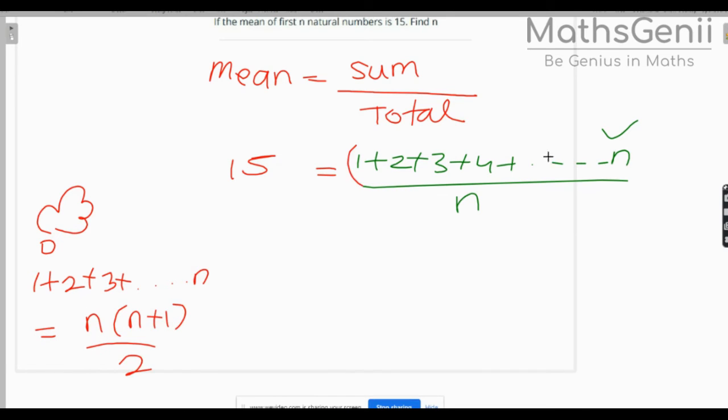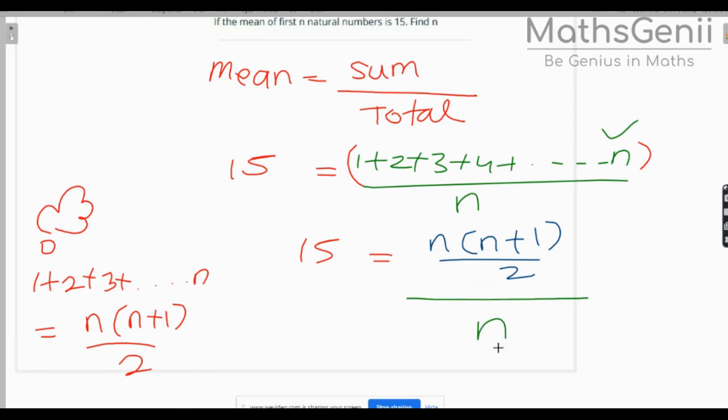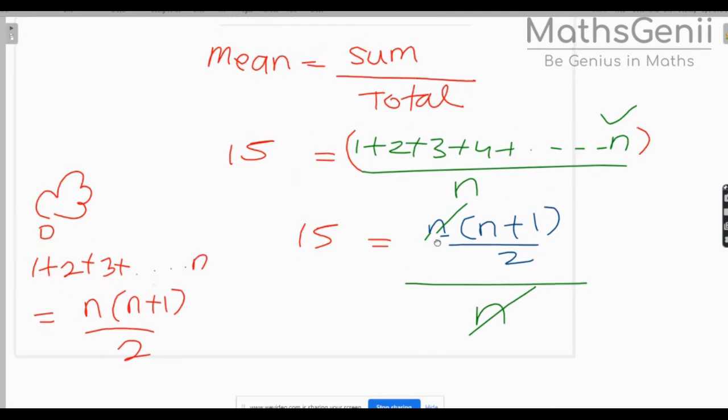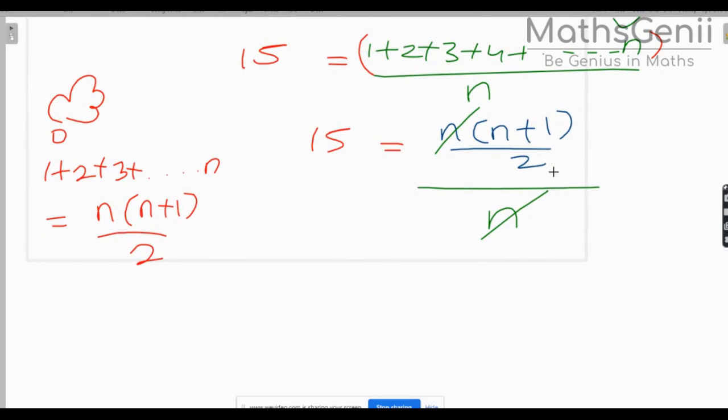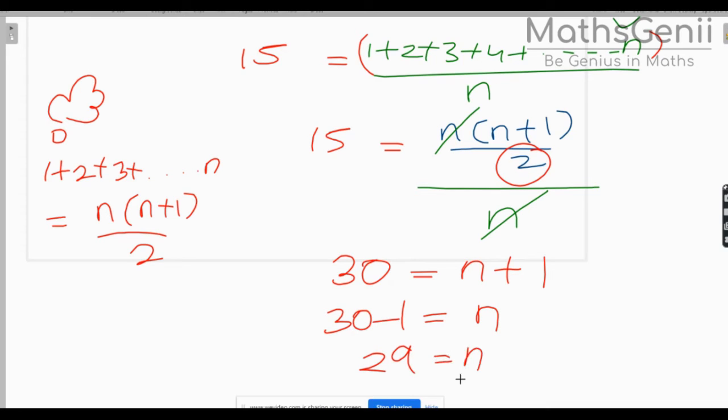So I'm going to use that formula here: n into n plus 1 upon 2, and upon n remains as it is. So this n and this n get cancelled. This 2 when it goes to the other side, 15 twos are 30, is equal to n plus 1. This plus 1 when it goes to the other side becomes minus 1, so n becomes 29.